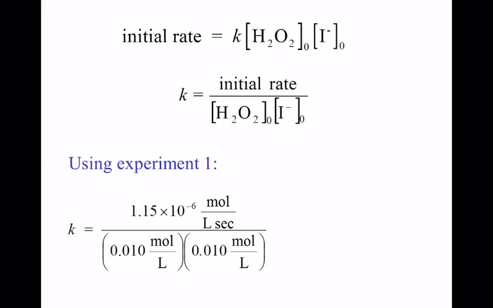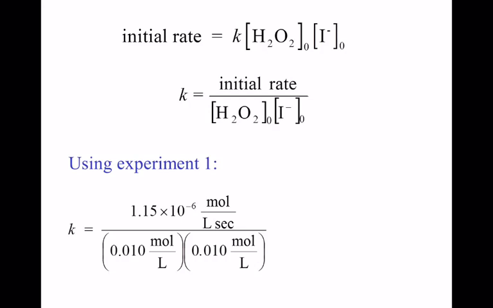If you go back and pick experiment 1, going across, you'll see the last number was 1.15 times 10 to the negative 6 moles per liter per second. That's the rate. You'll see the molar concentration of your H2O2 is 0.01 molar. That's also the molar concentration of your I minus.